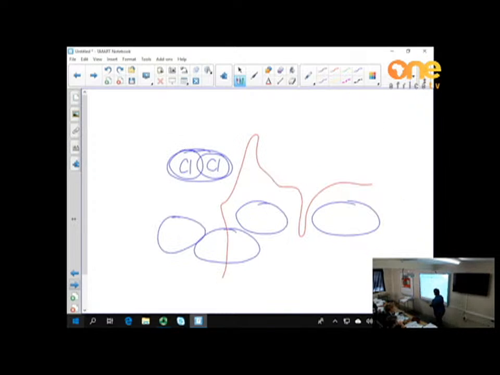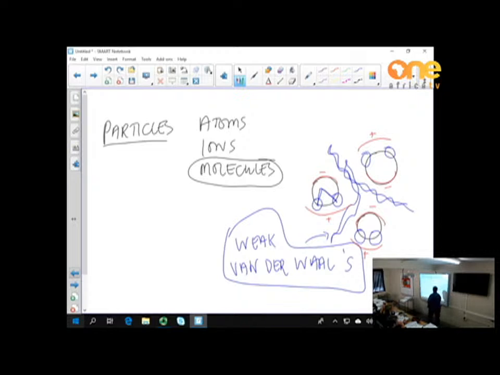Do you understand? Because the iodine molecule doesn't have a slight positive or a slight negative side. Now, those forces between water molecules that arise as a result of the polarity of the water molecule, we call those forces hydrogen bonds. But technically they are not chemical bonds.